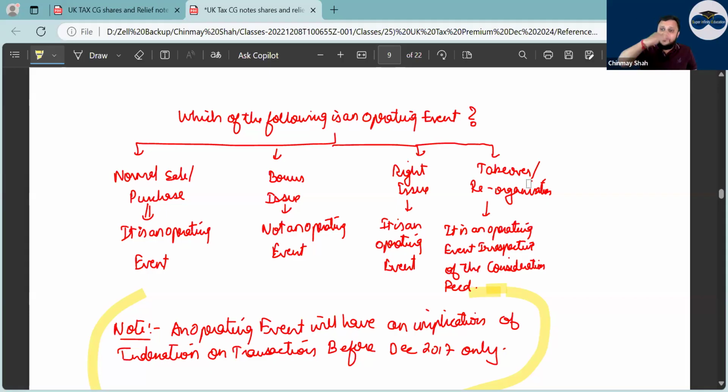Then at the next operating event, take this 6000, the indexation allowance plus the second purchase, take all this up to the next operating event and calculate indexation allowance on that. Still keep cost and indexation allowance different, and total cost with indexation allowance. When deducting, first deduct only cost, and then deduct indexation. And all this indexation will only be applicable up to December 2017, correct?